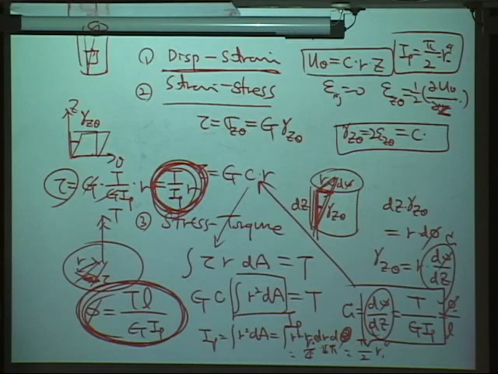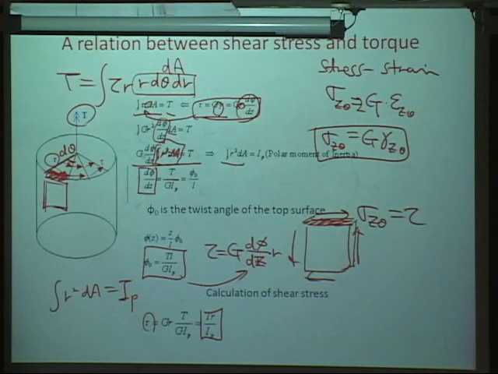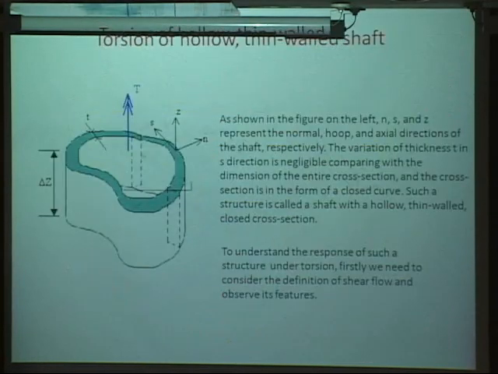Now, the second subject for torsion is the hollow thin wall shaft. Hollow means we have an empty hole there, and it is closed. Thin is another very important keyword. Thin means the thickness has to be very thin with respect to other dimensions.